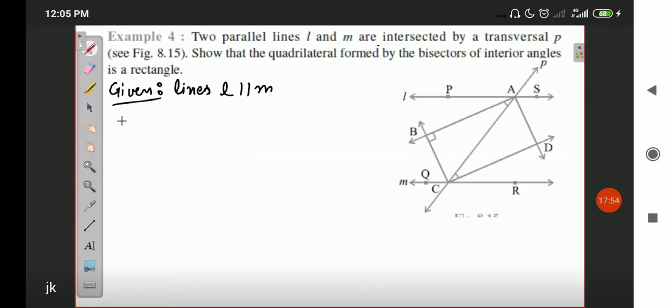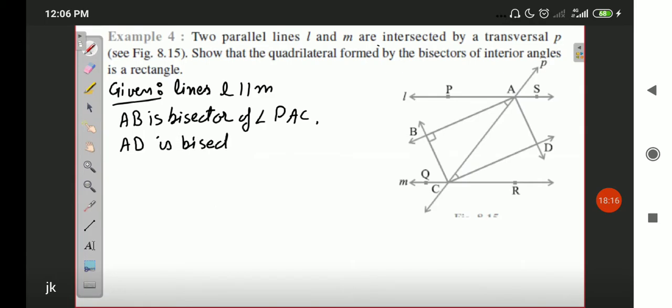Another thing is AB is the bisector of angle PAC. We have four bisectors, so we have to mention all four of them. AD is the bisector of angle SAC.